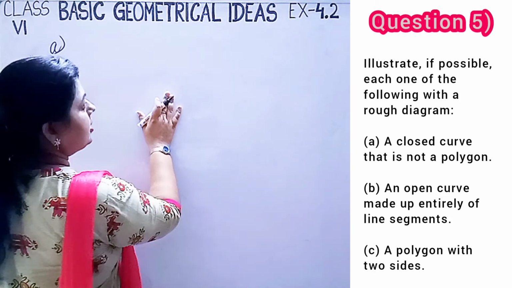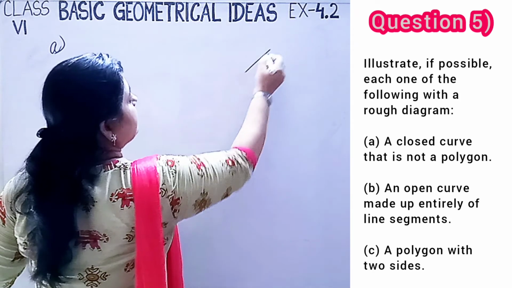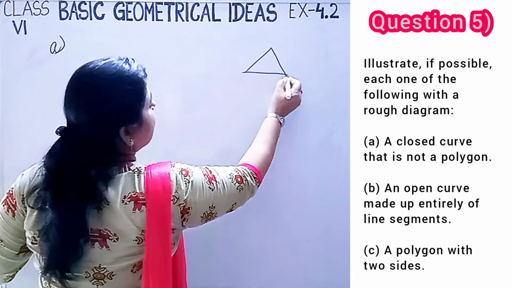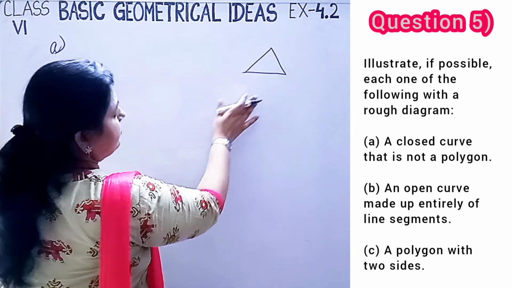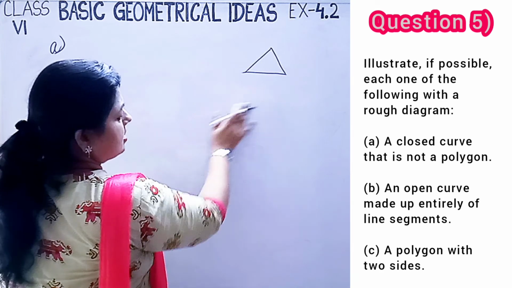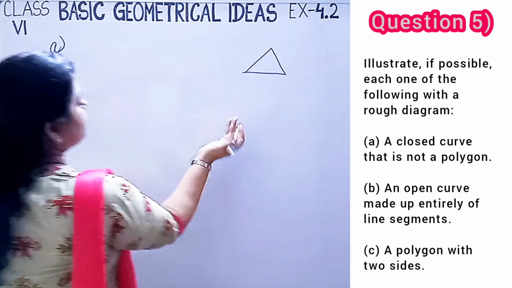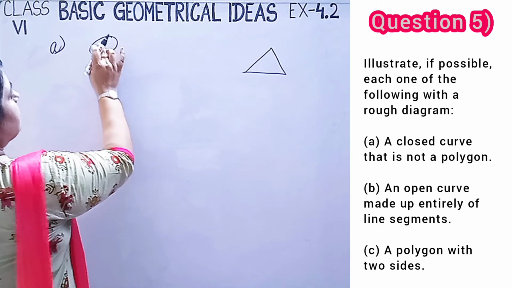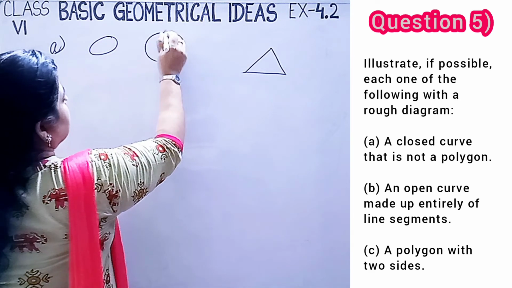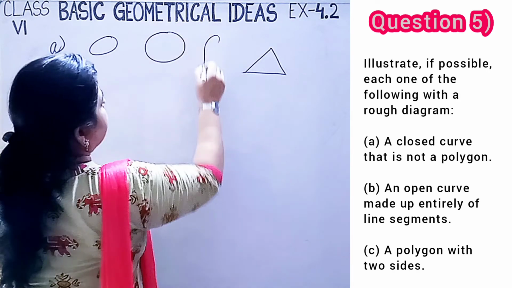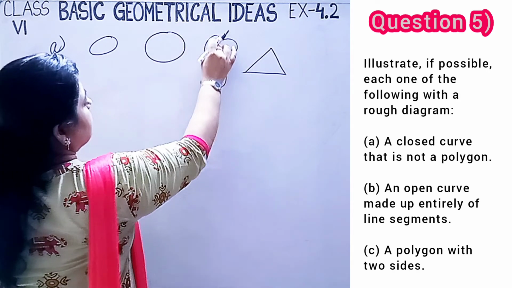A polygon is a figure which is made up of at least 3 line segments, so we don't have to choose it. So closed curve: oval, this is also a closed curve, circle, closed curve, any such figure.